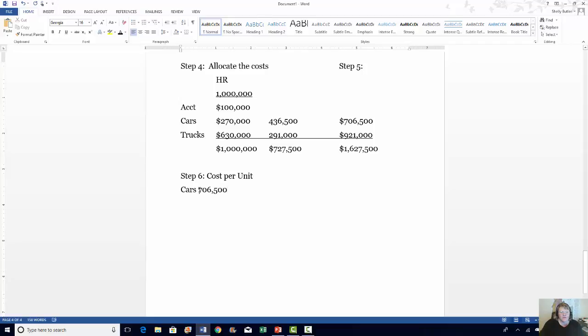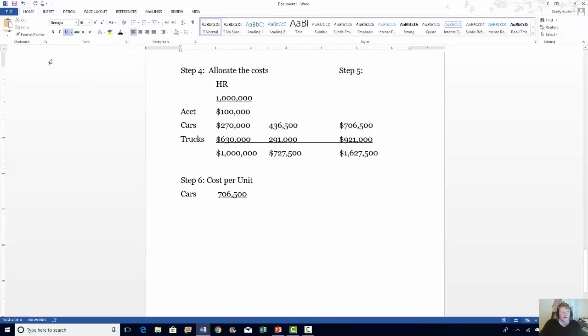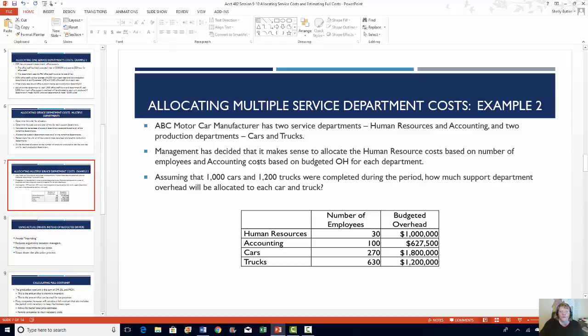I'm going to tab that over so there's a little more room. And we made, let's underline that. We made 1,000 cars, and that is again on our PowerPoint. We made 1,000 cars, 1,200 trucks.